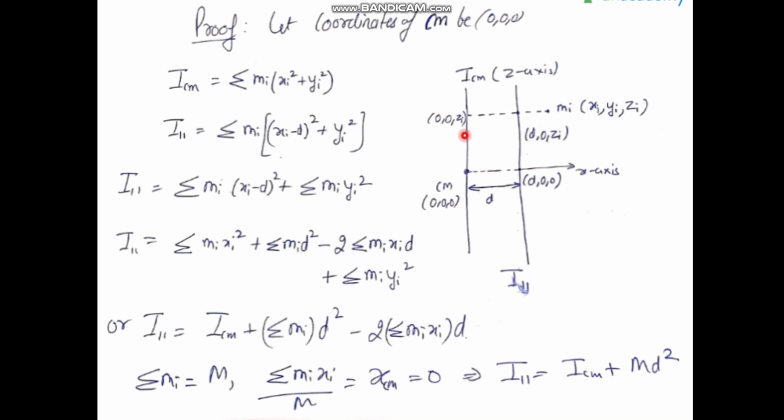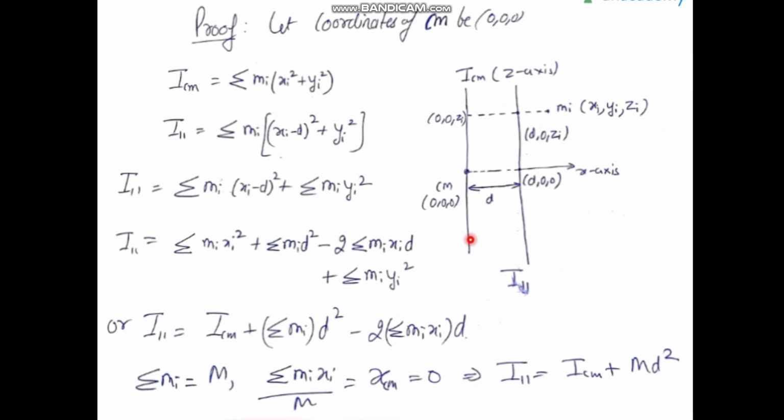If I calculate the distance between the two using the distance formula, it will be the square root of (xi minus 0) square plus (yi minus 0) square plus (zi minus zi) square. So it will be the square root of xi square plus yi square. So the moment of inertia about the center of mass will be the summation of mi into this distance square, which will be xi square plus yi square. So ICM will be summation mi into (xi square plus yi square).